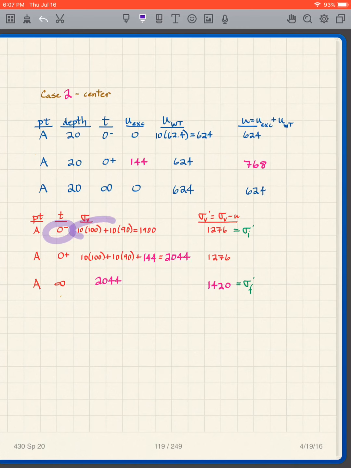Okay, t equals 0 minus. We've already done this. It's 1900. T equals 0 plus. I've got the 1900 plus the 144. Same type of calculation. I get 2044, and then these two numbers are the same because the picture is the same.